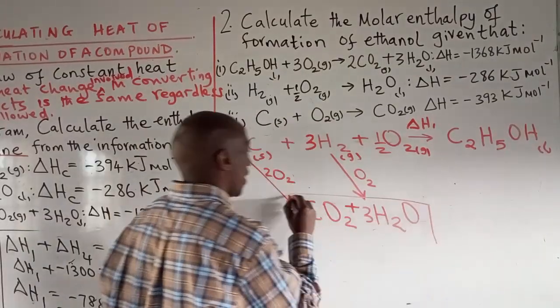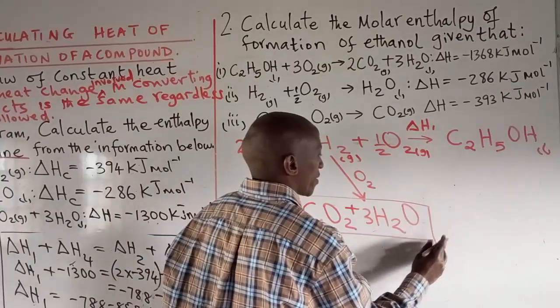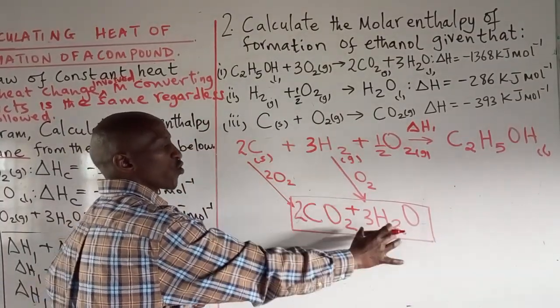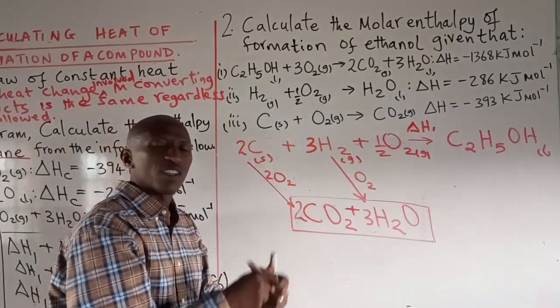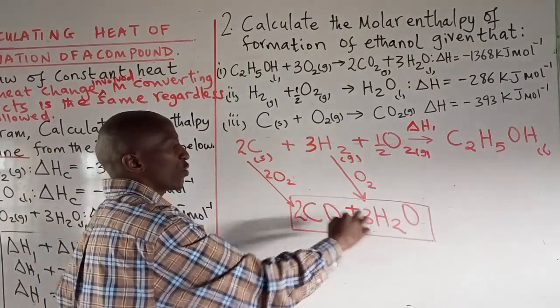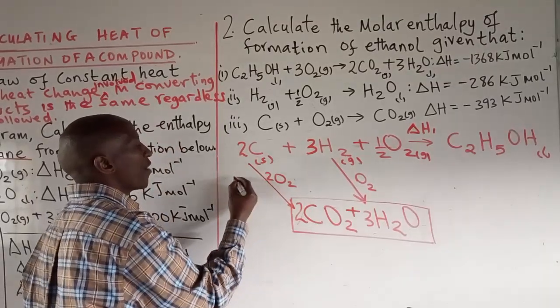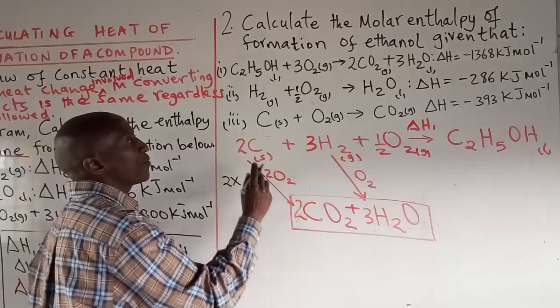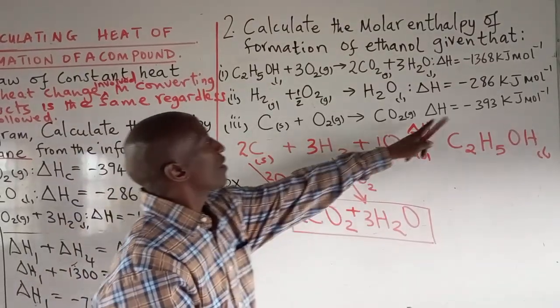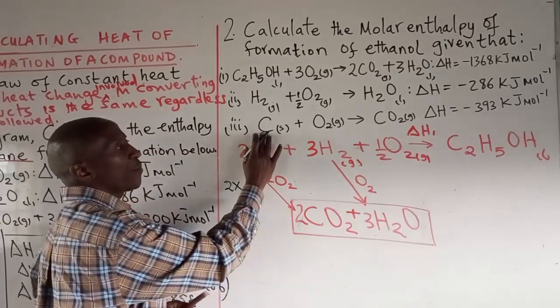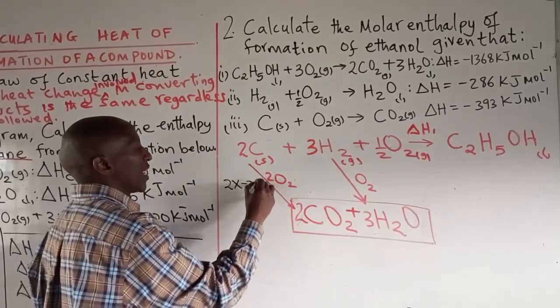These are our products, and they have been formed through route 1. Let me now start with this route, which we are calling route 1. In route 1, we have 2 times the heat due to 1 mole of carbon burning, so negative 393.